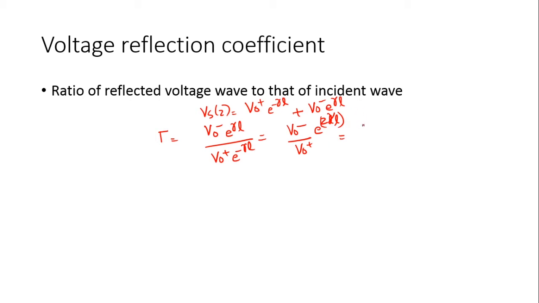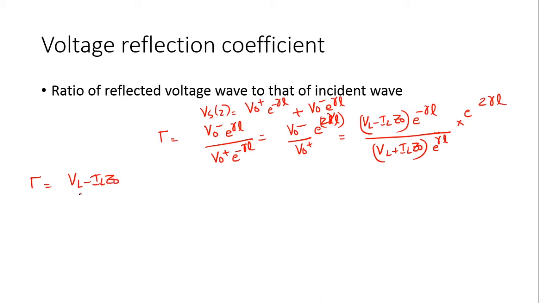The equation was V0 minus is (VL minus IL Z0) into e raised to minus gamma L, divided by V0 plus, which is (VL plus IL Z0) into e raised to gamma L. There is a 1 by 2 term that will get cancelled. And when you divided, you got e raised to 2 gamma L. So in the reflection coefficient, you get (VL minus IL Z0) divided by (VL plus IL Z0) into e raised to minus 2 gamma L into e raised to 2 gamma L.